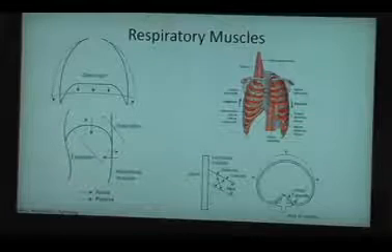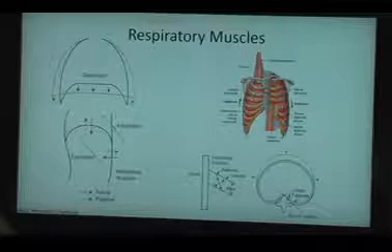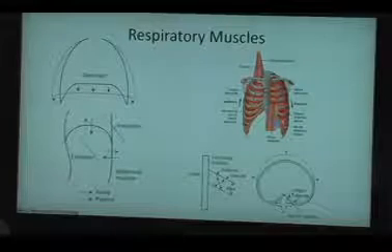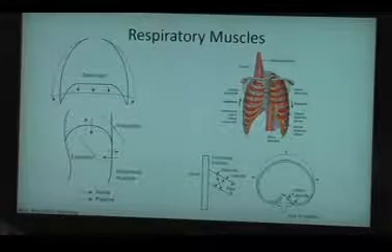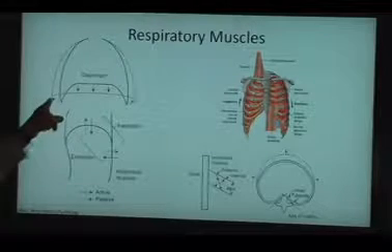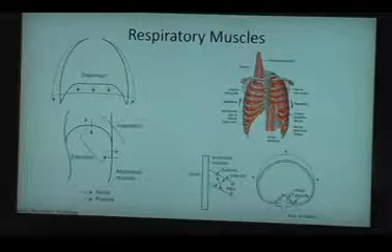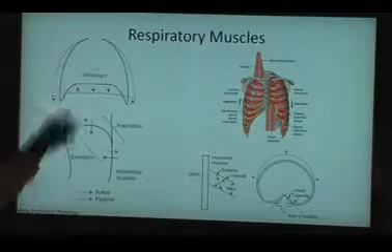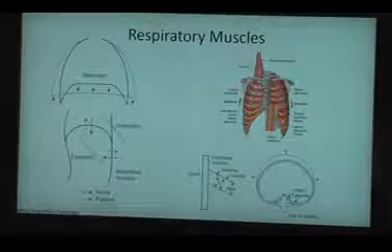So when we breathe in, the diaphragm moves downward to increase the volume of the thorax. The diaphragm also moves the lateral ribs outward to increase the volume of the thorax, to decrease the pressure in the thorax, and draw breath into the lungs.